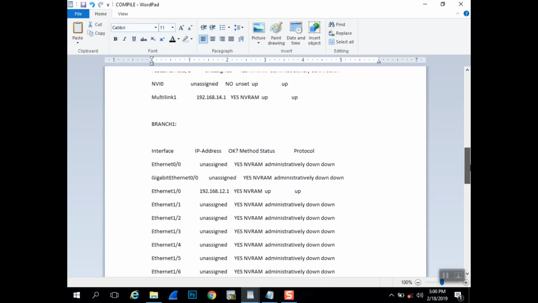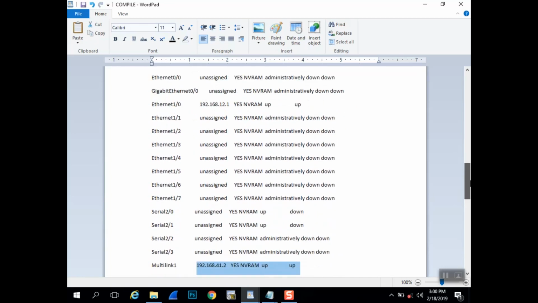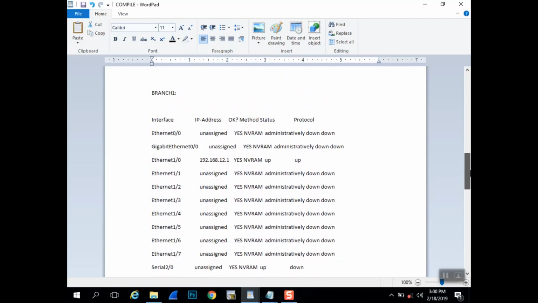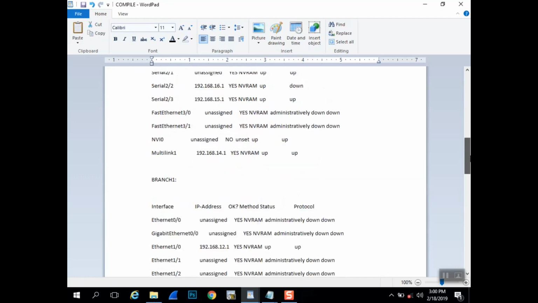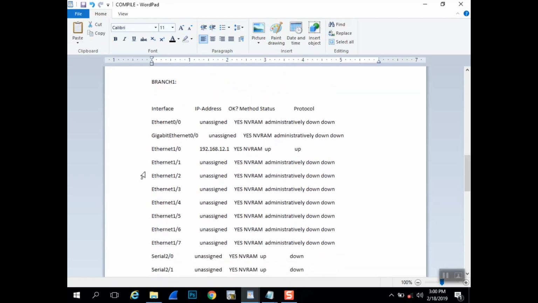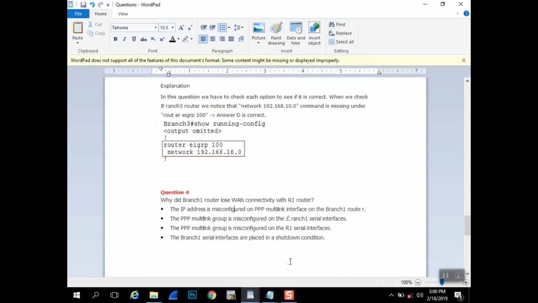So that one is an address mismatch. So that's why R1 has lost its connection to branch 1. So the right answer for question number 4 would be A. The IP address is misconfigured on PPP multilink interface on branch 1 router.